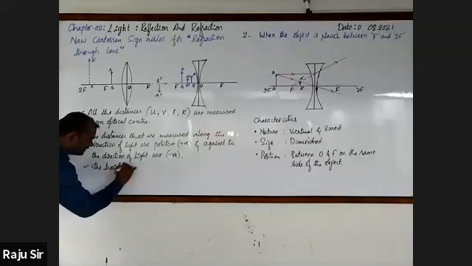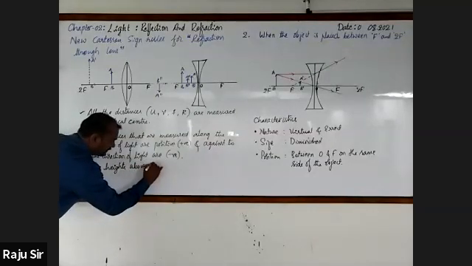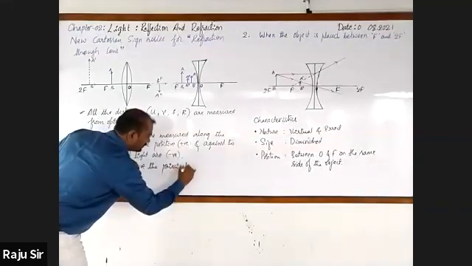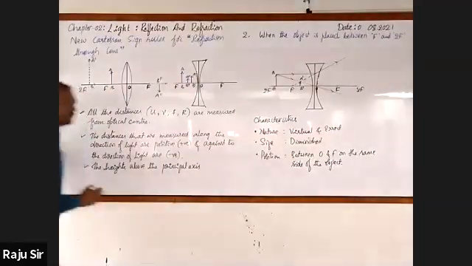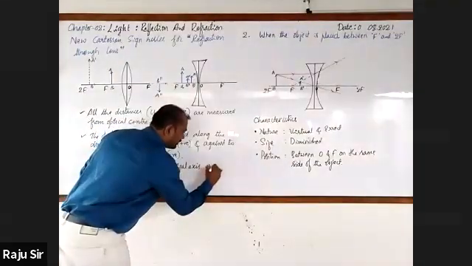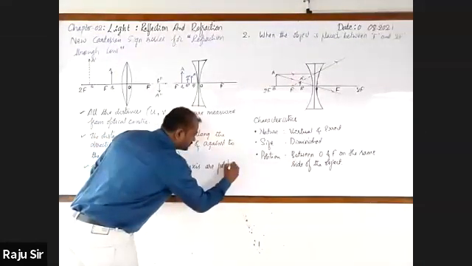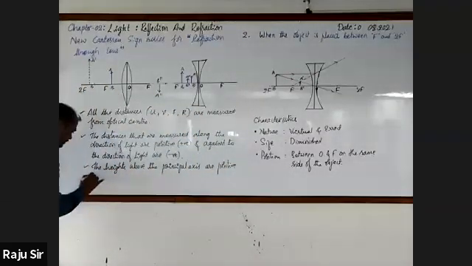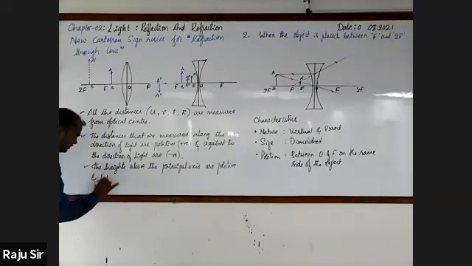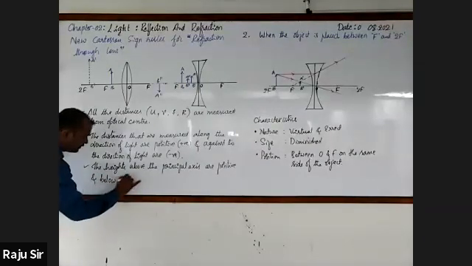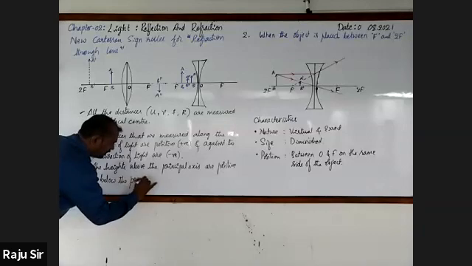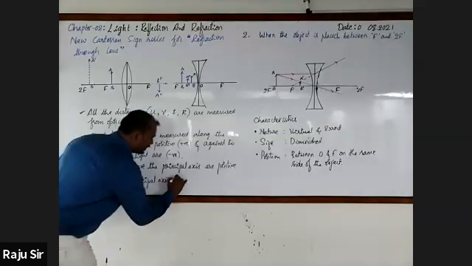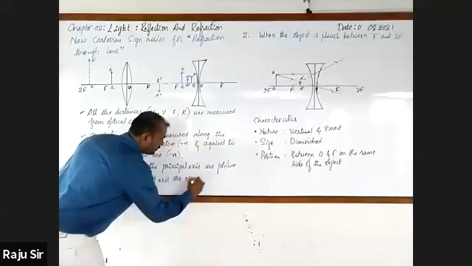The heights above the principal axis are positive, whether it may be object or image, and below the principal axis are negative.